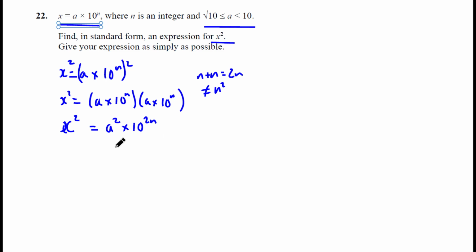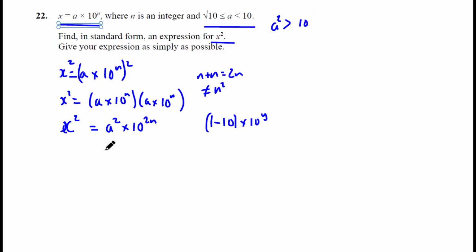Now the key is standard form, the first number has to be between 1 and 10 times 10 to the power of something, right? I'm going to change a letter here because we've got 2n in the question. So a squared, because of this range, is 100% going to be greater than 10, right?